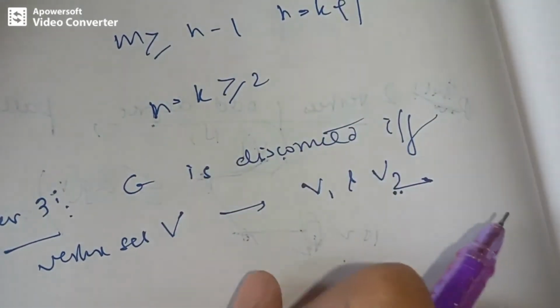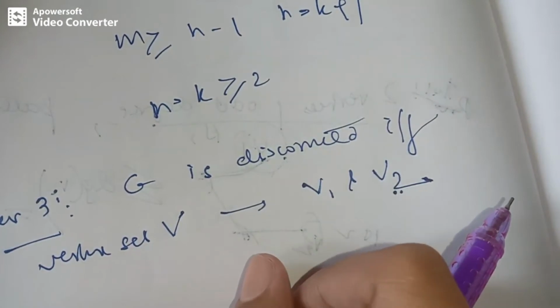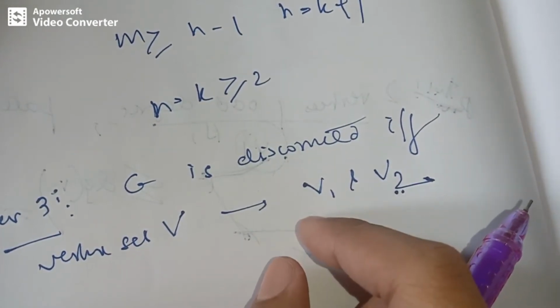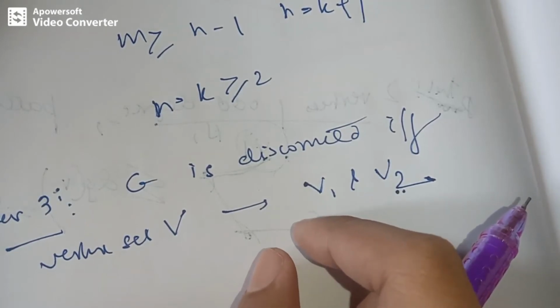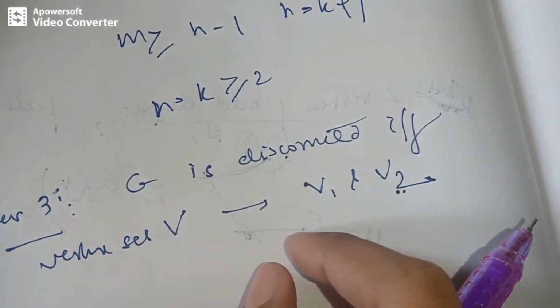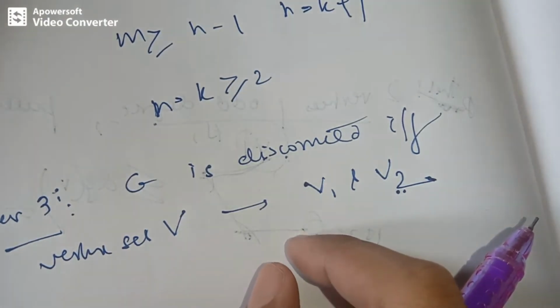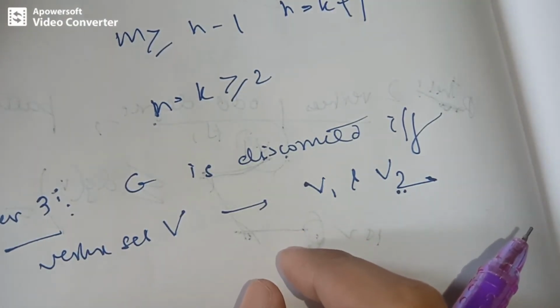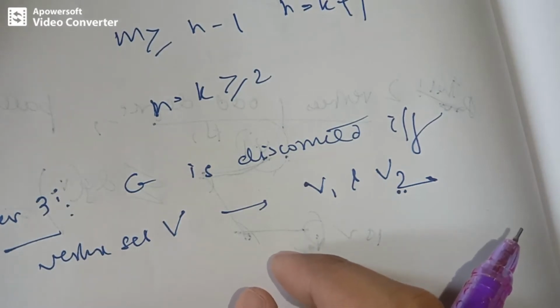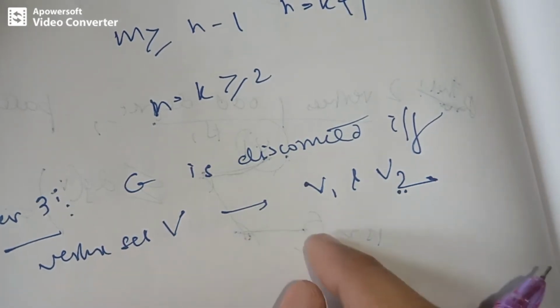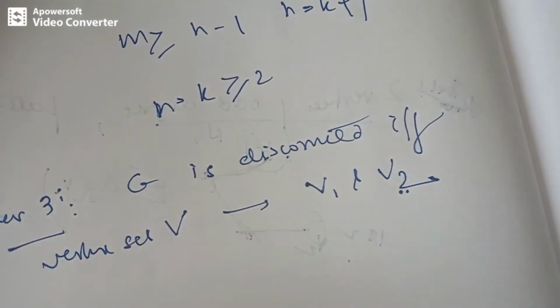So this theorem is all about disconnected graphs, the definition of a disconnected graph. So the graph is disconnected if its main vertex set is divided into two non-empty disjoint subsets V1 and V2 such that there exists no edge whose one end is in V1 and the other end is in V2. You can also take it as a part of a proof.